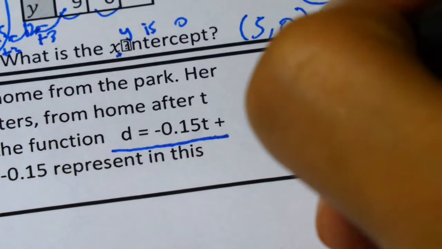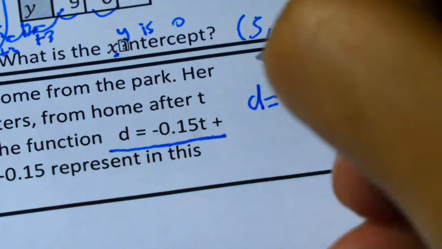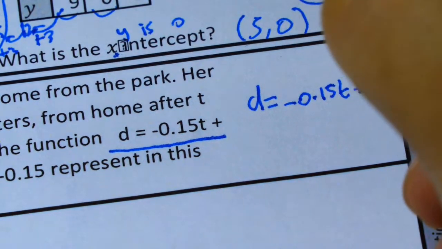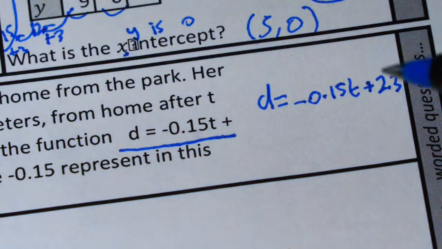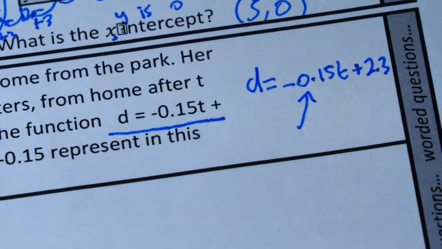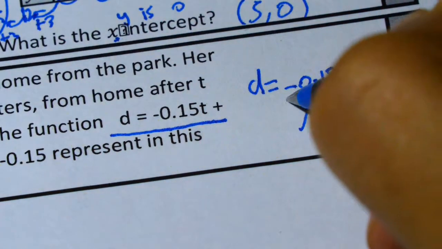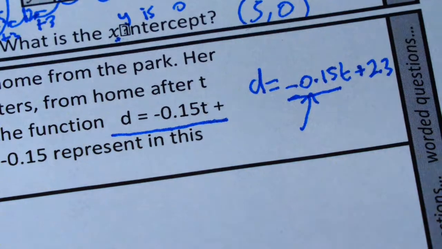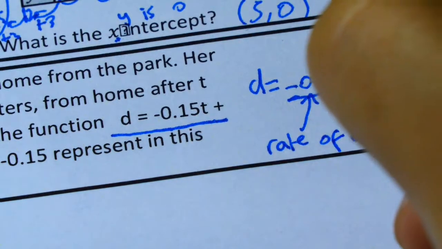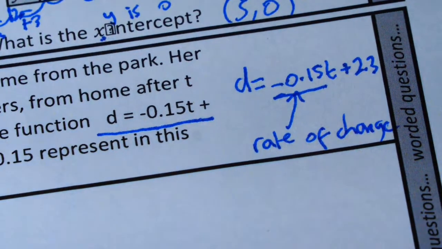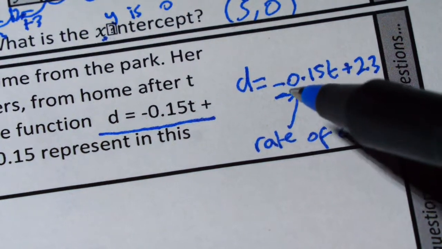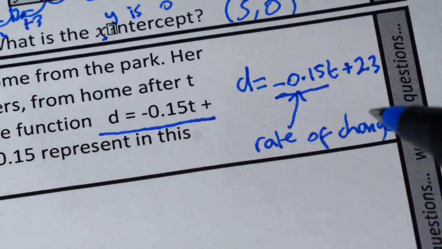So if we write this equation here, d equals minus 0.15t plus 2.3, the question is asking, what does this number mean? We know the number next to the x or next to the letter is the rate of change. Okay, this is our y-intercept, this is our rate of change. So the minus 0.15 means the rate of change.